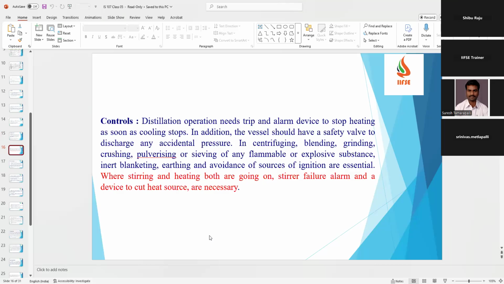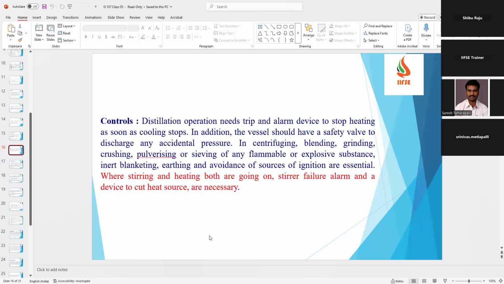In addition, the vessel should have a safety valve to discharge any accidental pressure. Also, in centrifuging, blending, grinding, crushing, pulverizing or sieving of any flammable or explosive substance, use inert blanketing.